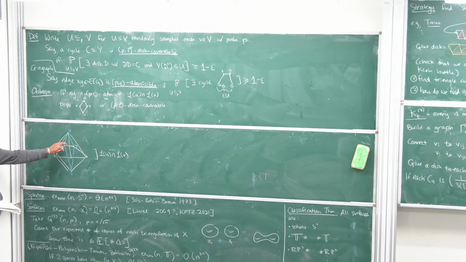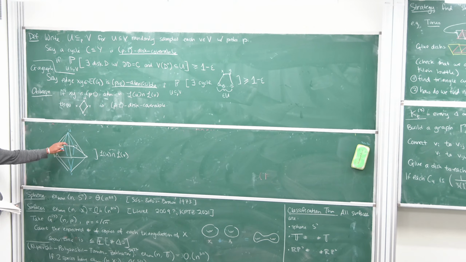So we get something that looks like X, Y, where all the interior vertices are in U. And then this thing is a disk which has the properties that we want.